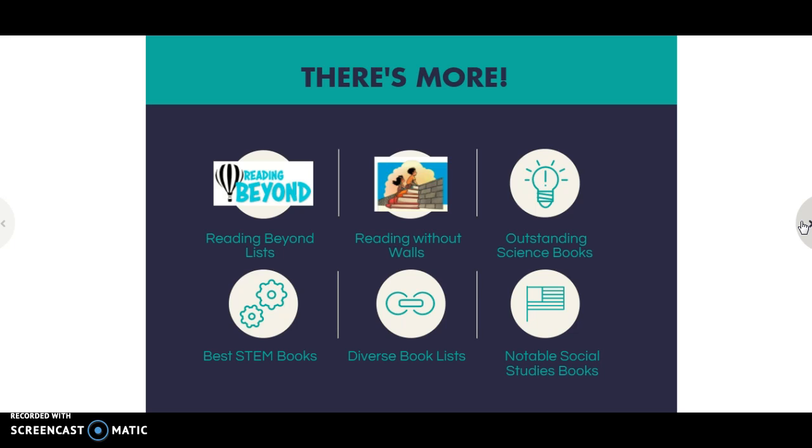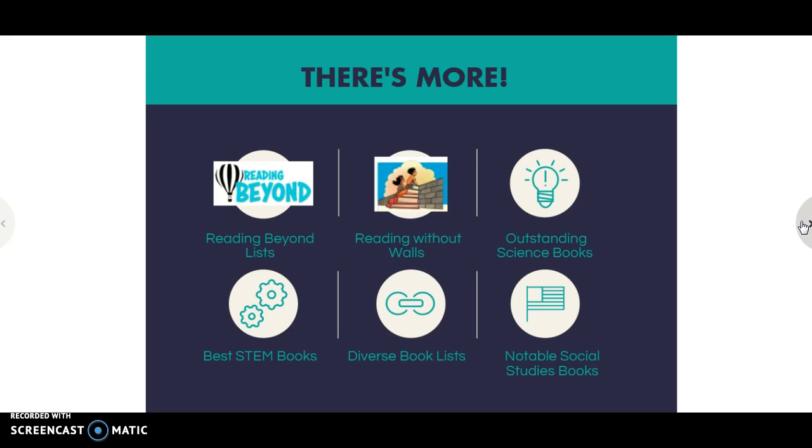Reading Without Walls is actually a challenge for kids. Its purpose is to get kids to read books outside of their comfort zone. If kids successfully read in all three of the categories, there's a printable certificate that they can get. The Outstanding Science Book List was put together as a joint project with the National Science Teachers Association.